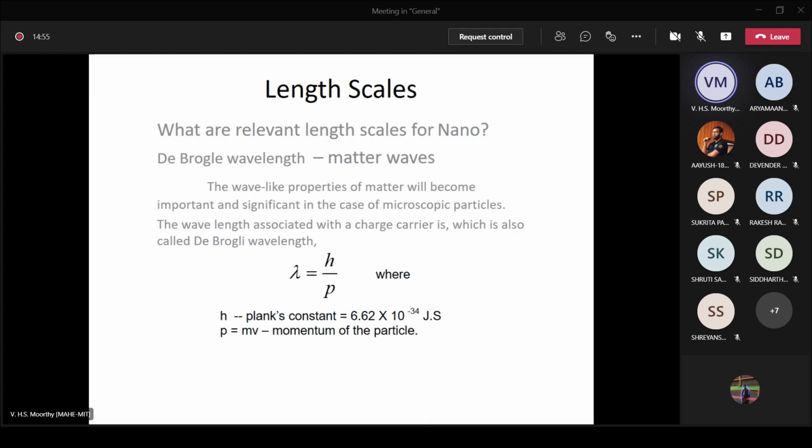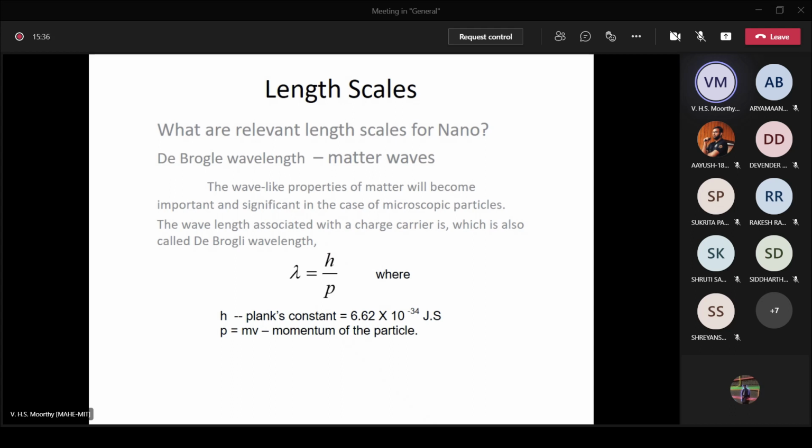When charge carriers are confined in all 3 dimensions, it is called a 0-dimensional system. When confined in 2 dimensions, it is called a 1-dimensional system. When confined in 1 dimension, it is called a 2-dimensional system. We also showed examples of nanoparticles and quantum dots, and discussed very briefly an experimental technique called transmission electron microscopy.